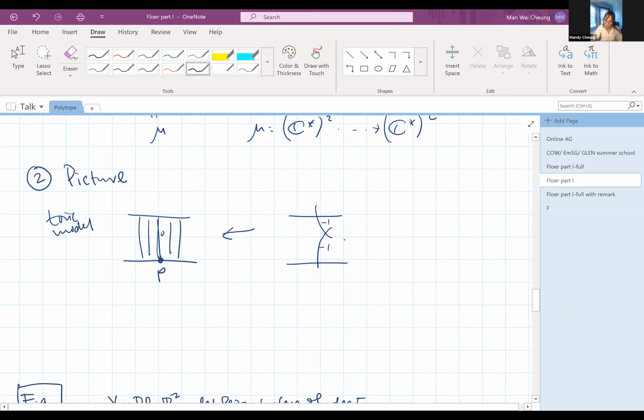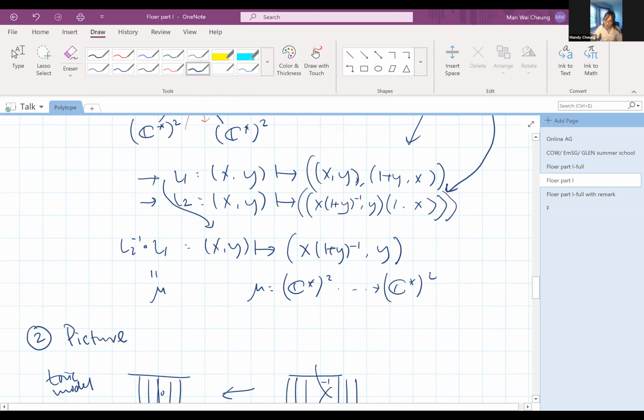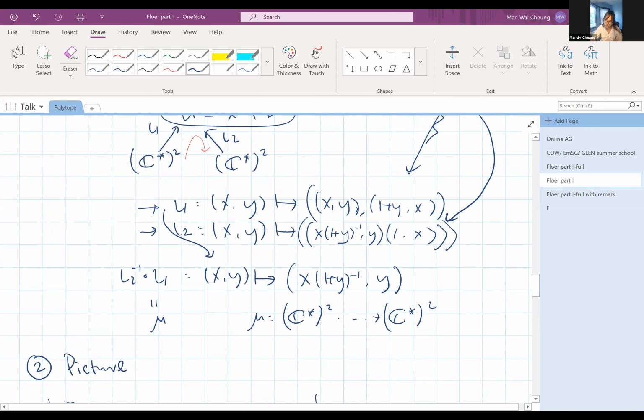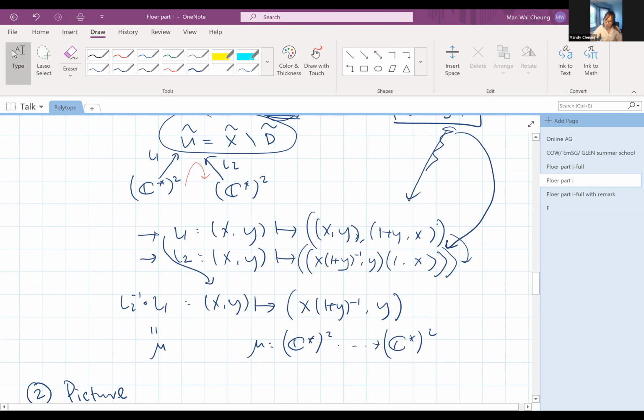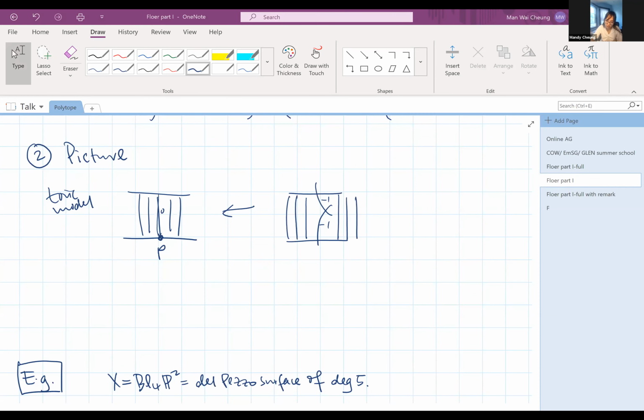Here I still have the P1 there. And then you can see actually what I'm doing in this first and second chart is I'm kind of doing an inversion on this P1. So here I got this exceptional curve, and I turn it to here, and then I blow it down.